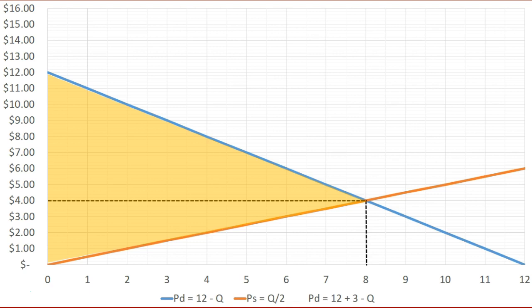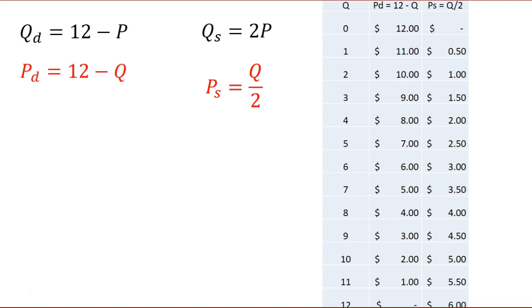Alright, now the question says that there is a subsidy of $3 per unit provided to the consumers. So we would have to modify our demand equation here in this way. Let's say that it's going to be $12 plus $3 per unit minus the quantity.